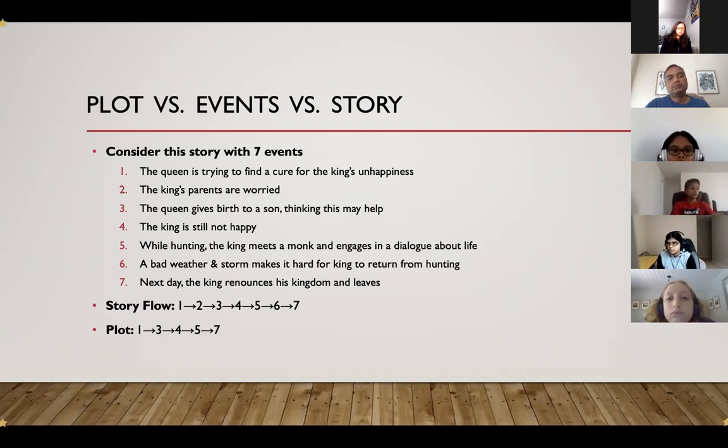So plot here is really a collection of the events that move the story. You cannot skip any of those events when you're telling your friends about the book or the movie, right? You can talk about it in 5 minutes, but you have to talk about what is essential. So you can't skip any of 1, 3, 4, 5, 7. They're extremely important.